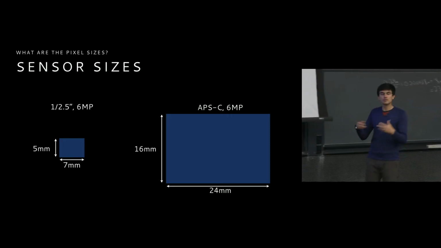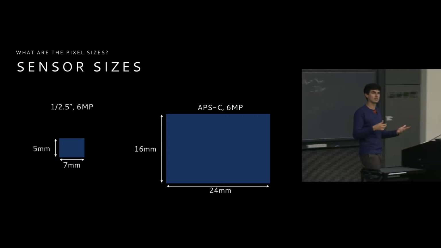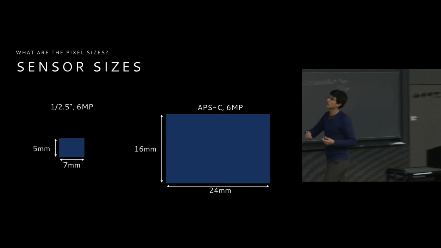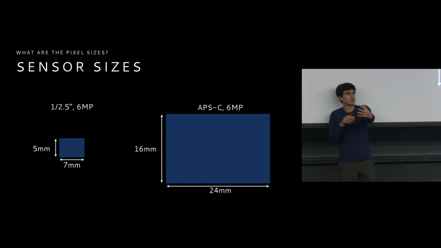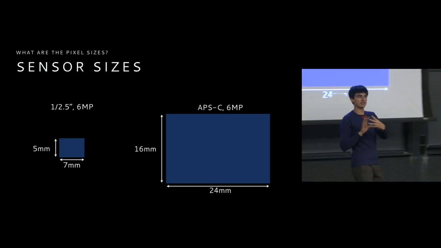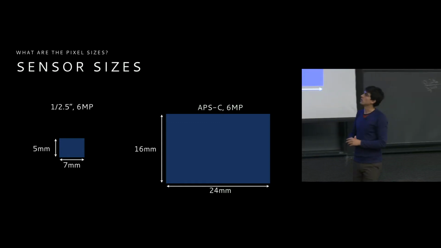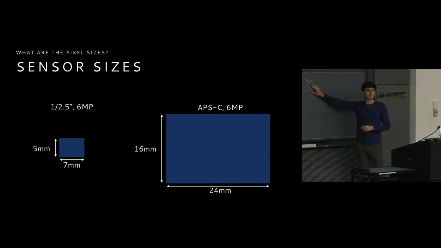Now there's a couple of ways that the image between these two cameras will actually be different. One of them is that the one on the left is only going to capture a very small percentage of the actual image focused by that lens onto the back of the camera. But the other one has to do with the differences in size of the pixels.